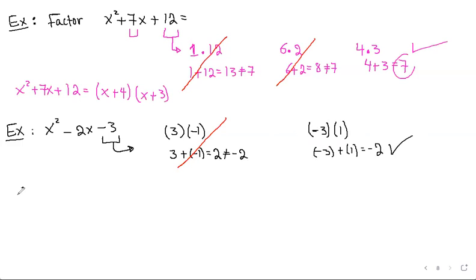So x squared minus 2x minus 3 is x minus 3 times x plus 1. The 1 is positive. Make sense? Any question?